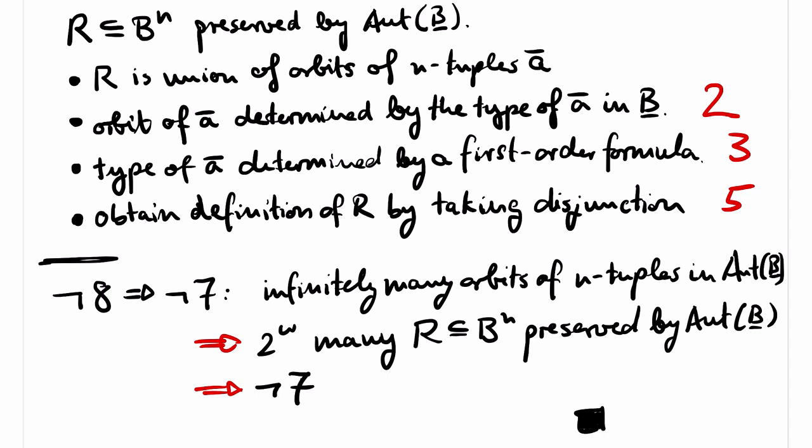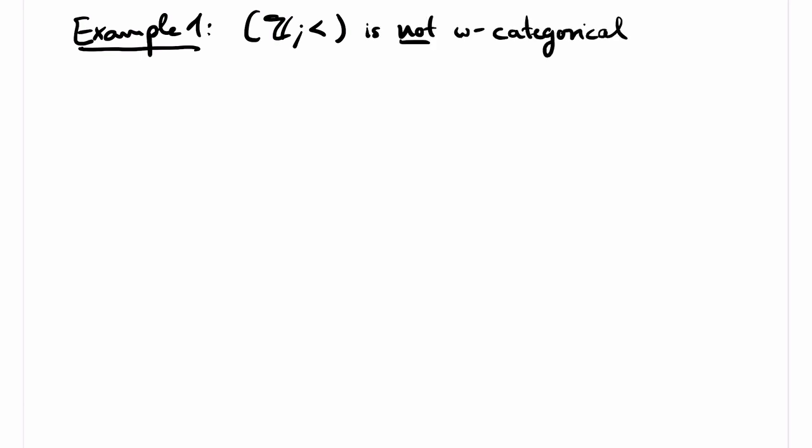We close this video with a couple of illustrations of how useful this theorem is to check whether a given structure is omega-categorical. Consider the structure Z of the integers with the usual linear order on the integers. This structure is not omega-categorical.